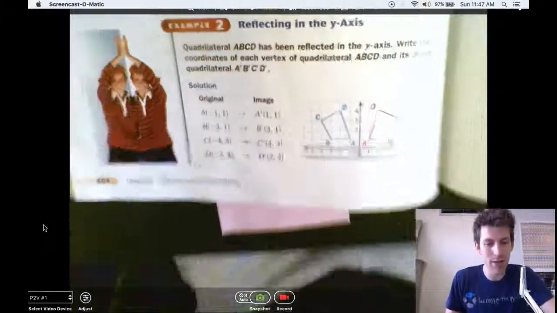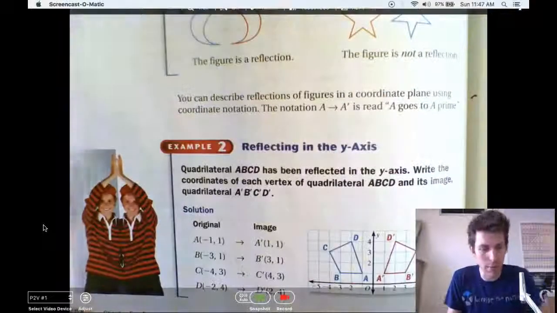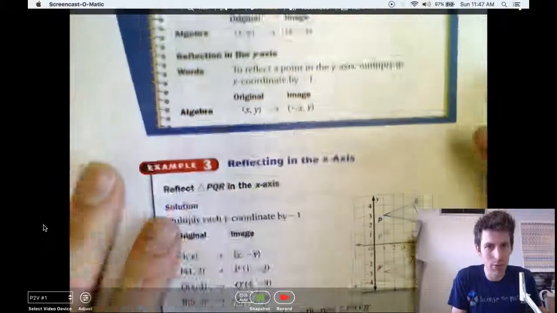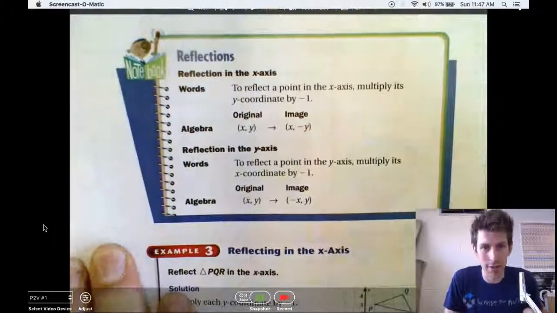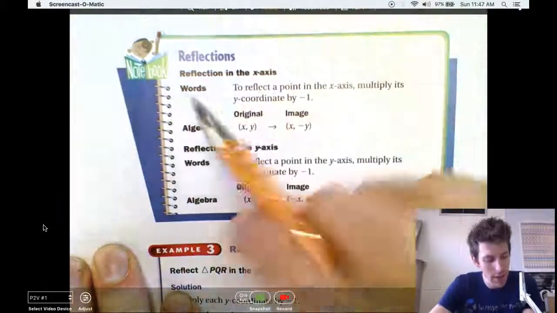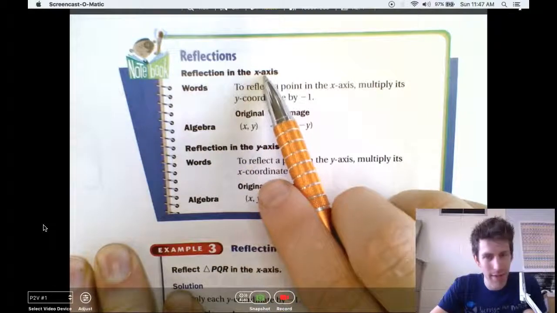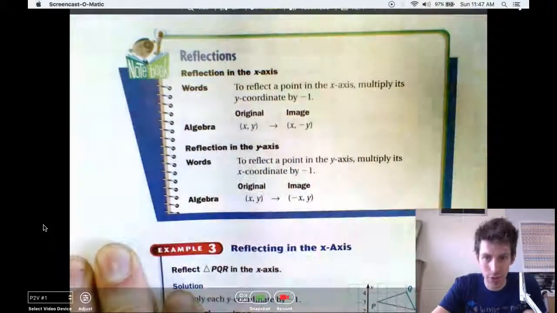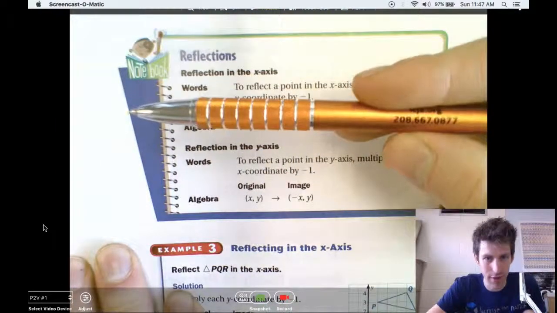So, here's where the big blue box comes in with the keys to success for this lesson. If you're reflecting a shape in the x-axis, which is the horizontal axis, right?